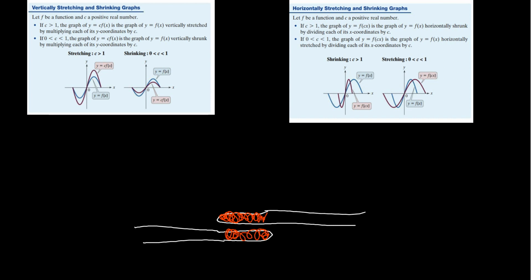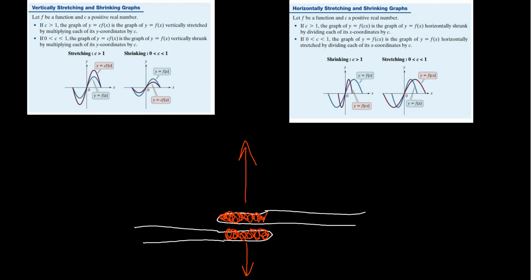One hand is over the other. If I were to pull one hand up and shoot one hand down, notice how I'm vertically stretching. Basically pulling them apart, I'm vertically stretching.